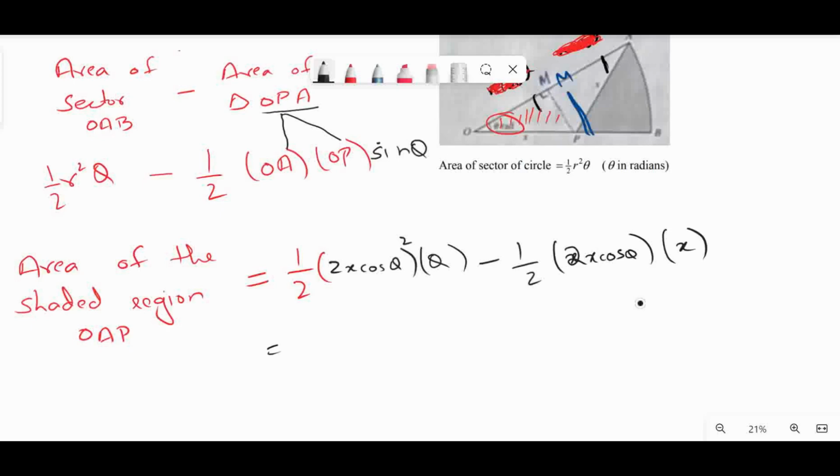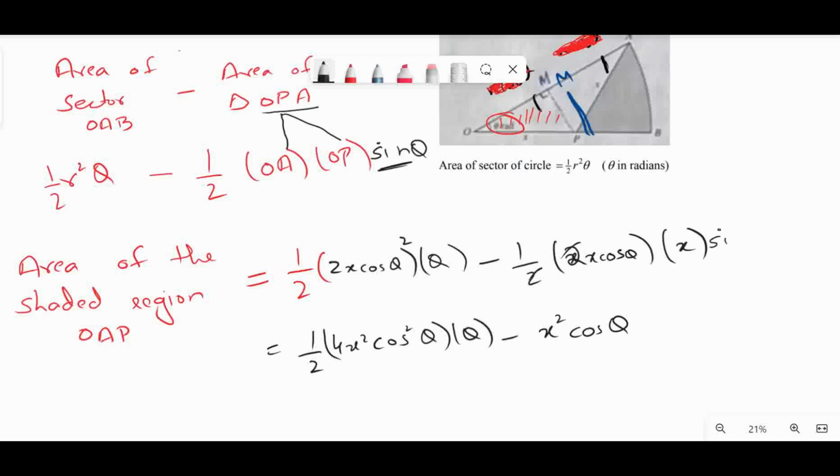So we can further simplify it. This must be equal to 1 by 2, 4x square cos square theta into theta, minus, we can cancel out these two, x square cos theta. Again we missed this sine theta, so we have to write it over here.